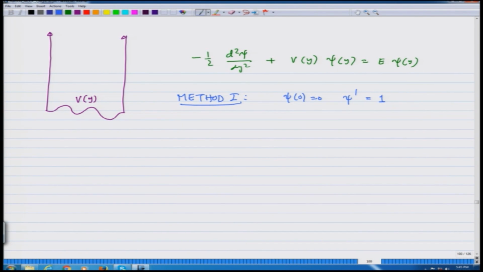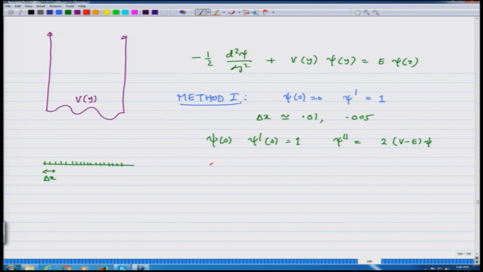So, what we will do is we will divide this whole thing into small meshes of interval delta x. So, delta x could be of the order of 0.01, 0.005 or so on, some very small number. So, I start from psi equal to 0 and psi prime at 0 equals 1, psi double prime by the Schrodinger equation, which is 2 (V minus E) psi.